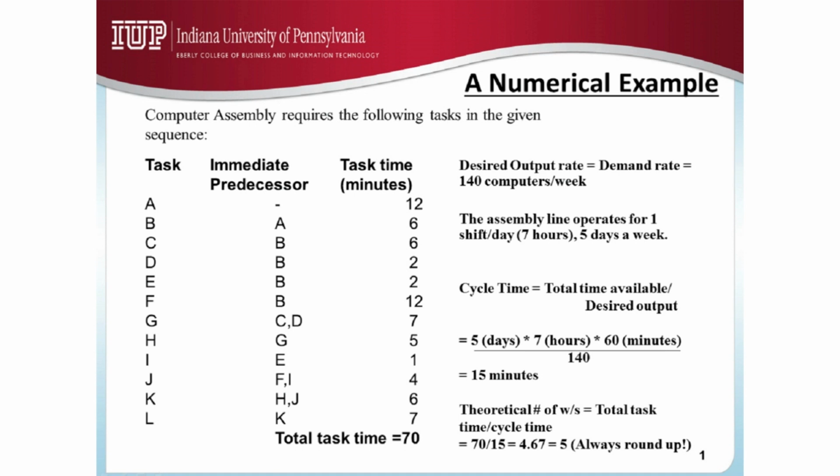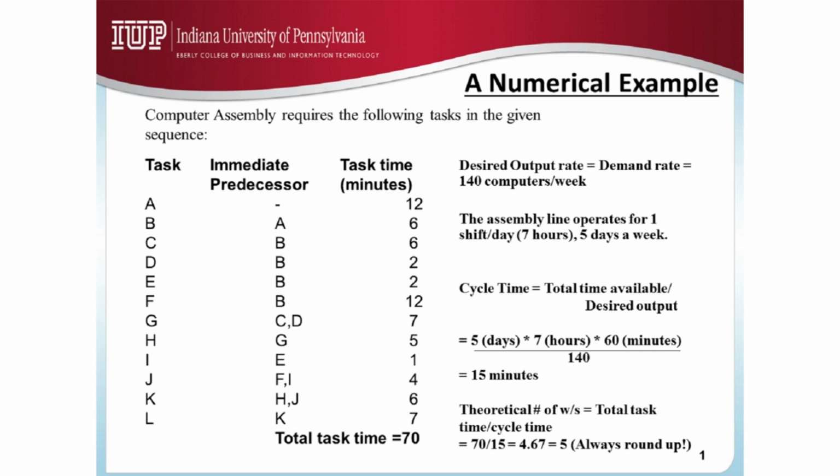Task A has no immediate predecessors. So you can assign the task to the very first workstation. Whereas task B cannot be assigned to a workstation before A is completed. So if task A is assigned to the first workstation, task B can be assigned to the first or to the following workstations.